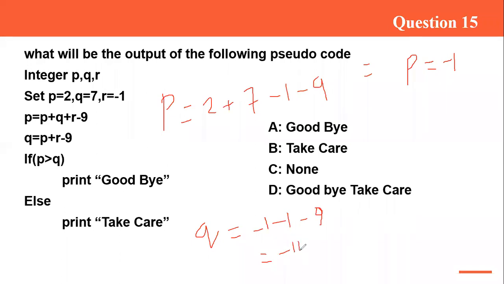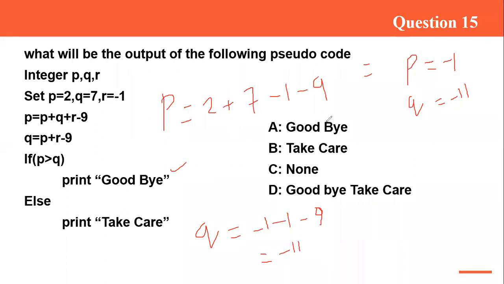As we said, yes. Q is -11. Now P was -1, Q is -11. Now we are taking P greater than Q. What is P? -1. -1 greater than -11. It's true, right? -1 is a bigger value compared to -11. And as it is true, the answer is goodbye.